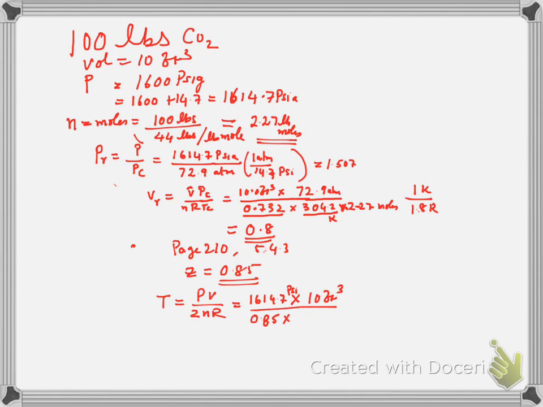N equal to 2.27 moles, and R equal to, what's that? Yeah, we could use 10.73 because everything is in PSI. Yes, 10.73. So what will be our value here now? 780 Rankine. Wonderful. So what will that be in terms of Fahrenheit?